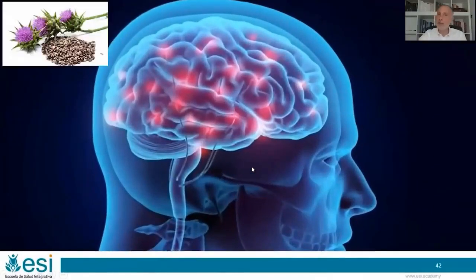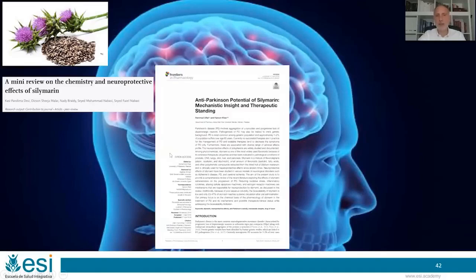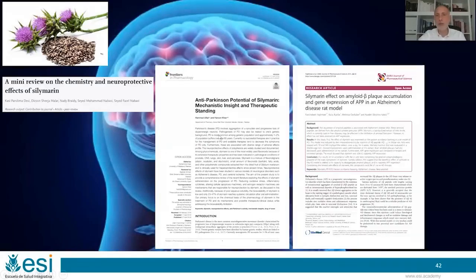On the other hand, we also have, I will only give you a couple of examples, there could be many more. We could also talk about antioxidants like quercetin, since we have milk thistle, where there are papers like this one that review the chemistry and neuroprotective effects of silymarin as the main active principle of milk thistle, as well as this paper on the potential of silymarin with its anti-Parkinson's action, or also in Alzheimer's.